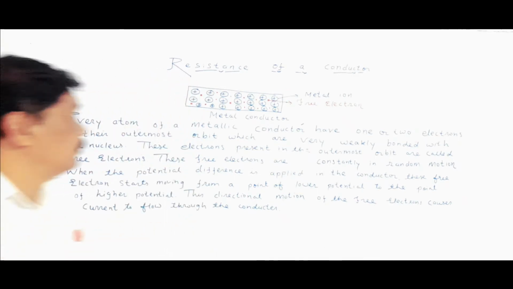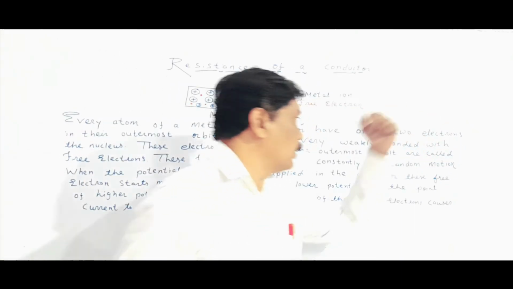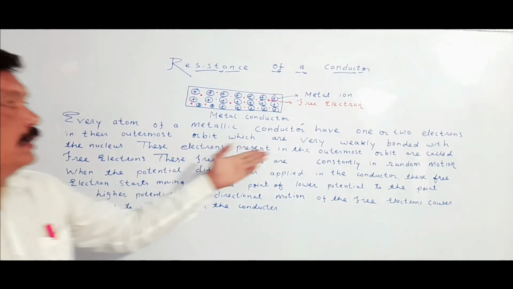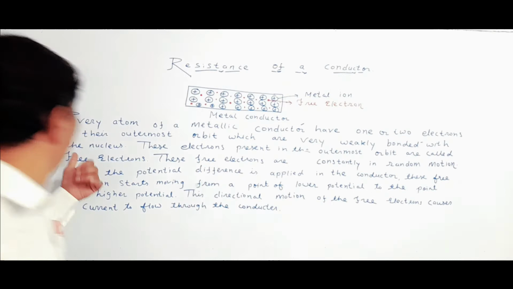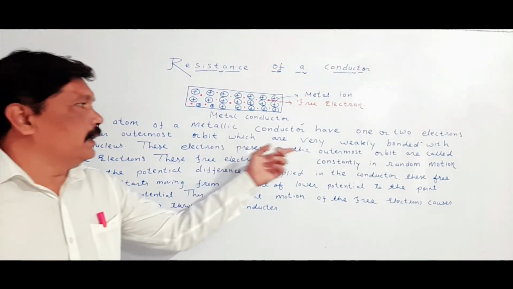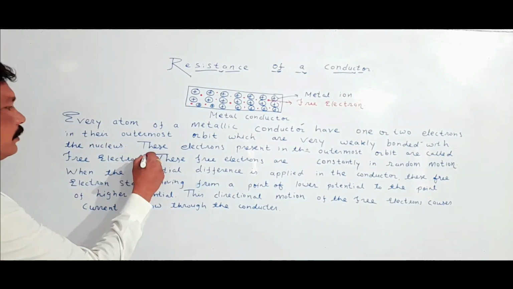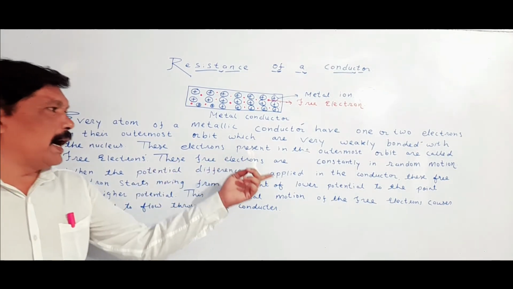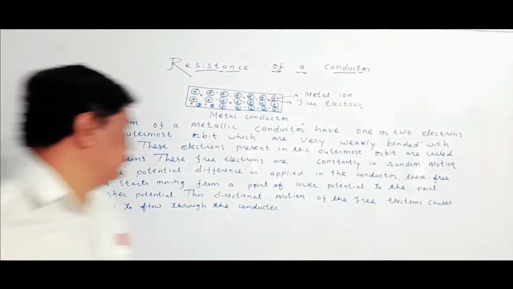And every atom of a metallic conductor has one or two electrons in their outermost orbit, which are very weakly bonded with the nucleus. These electrons present in the outermost orbit are called free electrons. These free electrons are constantly in random motion.